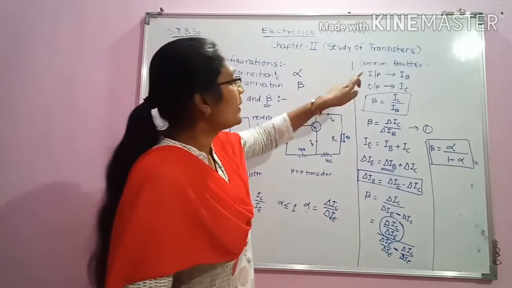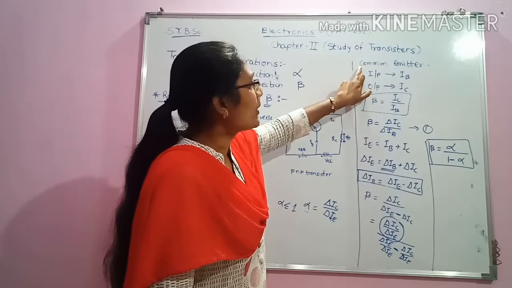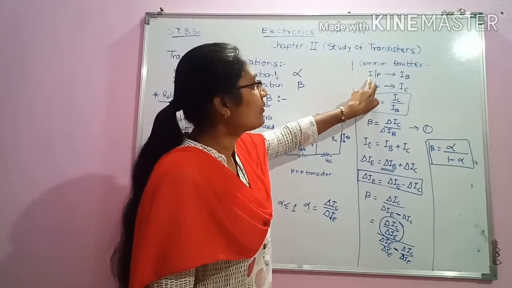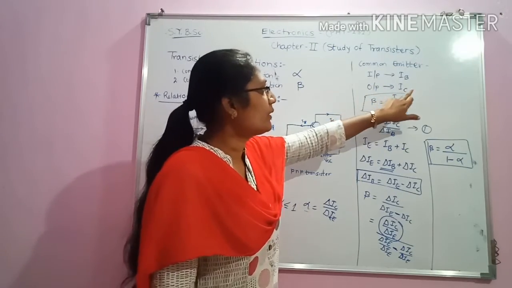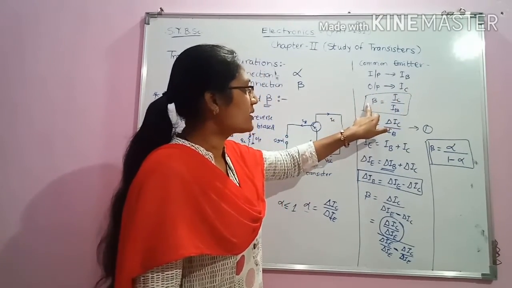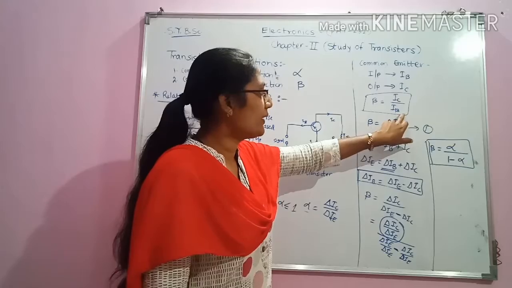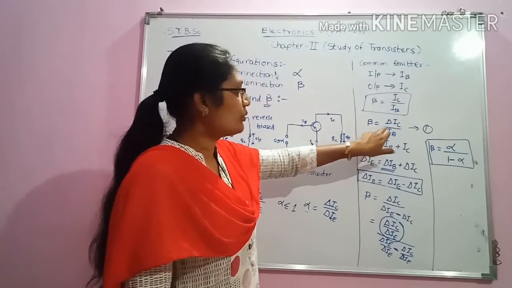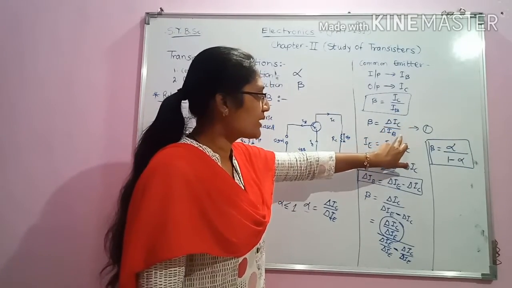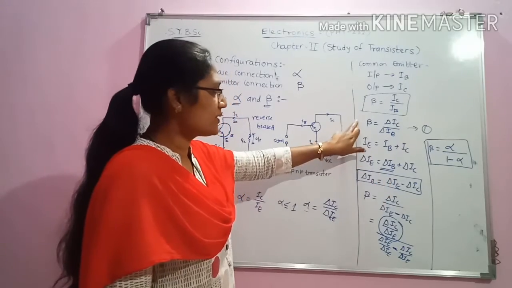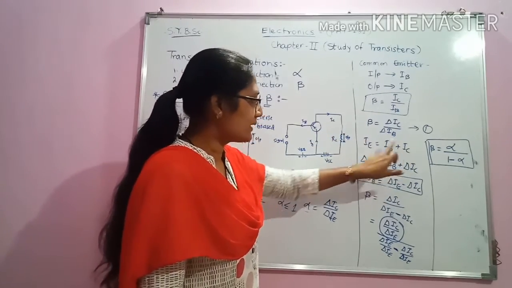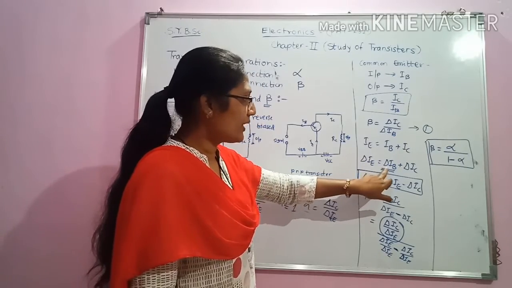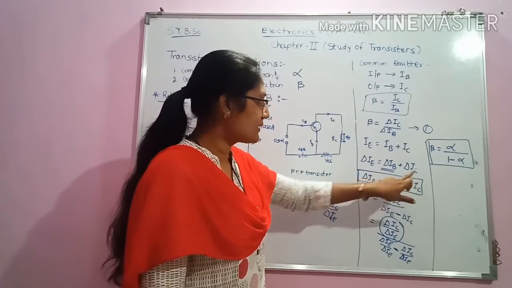Then, in case of common emitter connection, input is made up of IB. Output is nothing but collector current. Beta is equal to output divided by input, that is change in output divided by change in input. Here it is correct. Now, IE is equal to IB plus IC, delta IE is equal to delta IB plus delta IC.